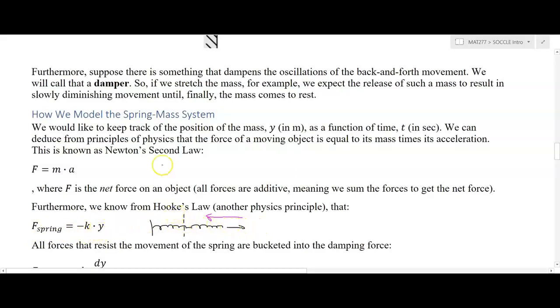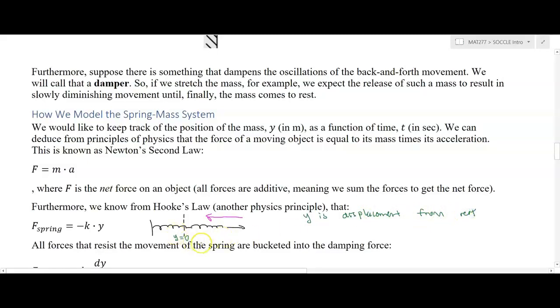So if we define y equals 0, y is the displacement from rest point.